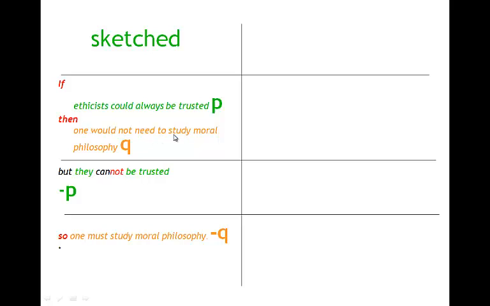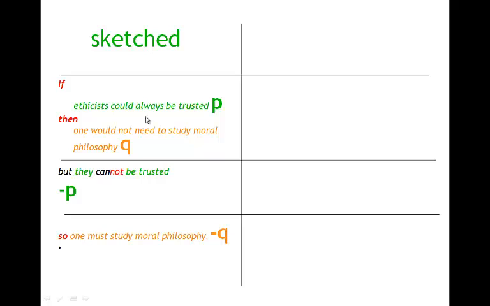We'll do something similar below with one doesn't need to study moral philosophy, with Q. And so what we're left with then is: if P, then Q, but not, here's the negation, P. They can't be trusted. And then the conclusion, therefore, or so, not Q. Not Q here, the negation of Q. Notice this is sort of funny here, because Q contains a negation.